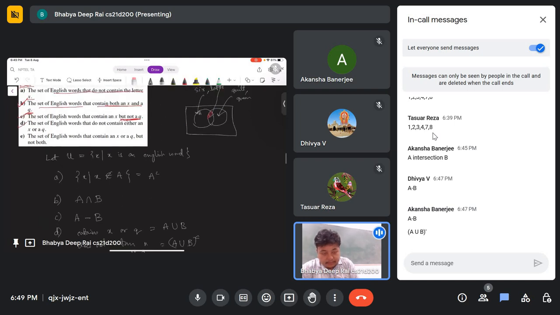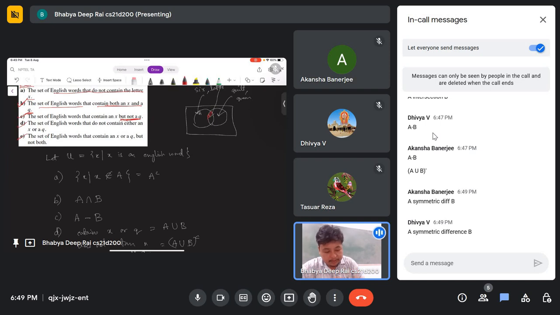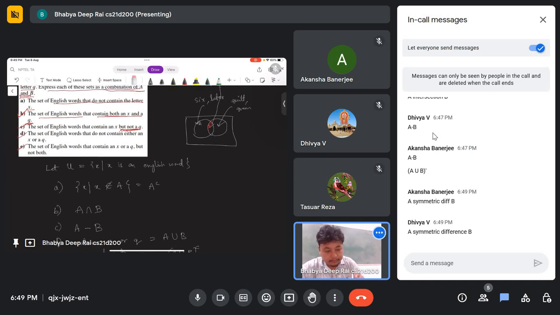Now the final part of the question: the set of English words that contain an X or a U but not both. Now we've seen this before. So think of the Venn diagram and how this plays into it.